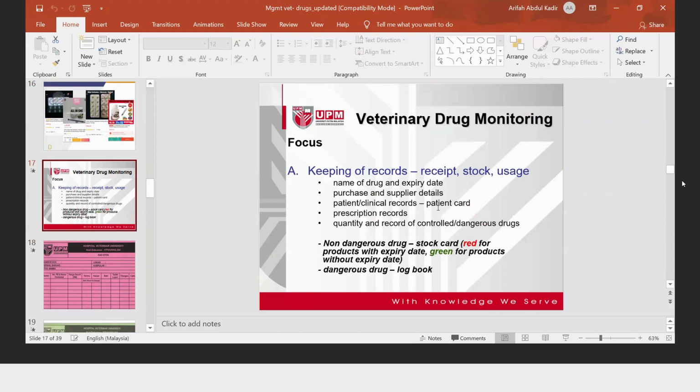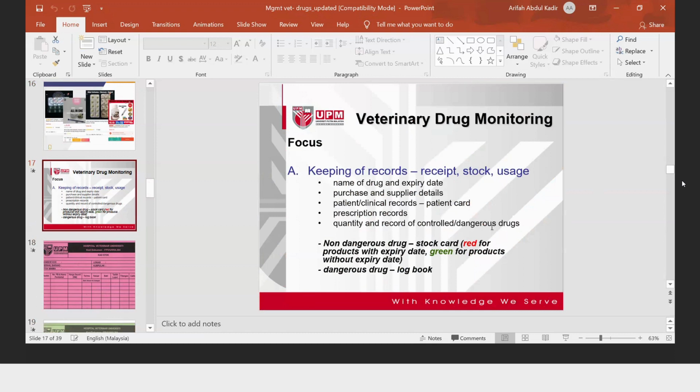Patient clinical records, so the patient card, to whom you use the drug. So you write down the patient card, and then the prescription records. This is very important. What are the drugs being prescribed for the particular animal? The quantity on record of controlled or dangerous drugs is also very important.